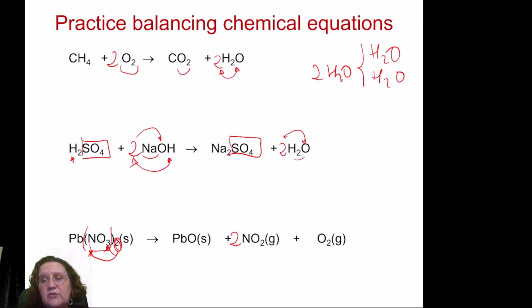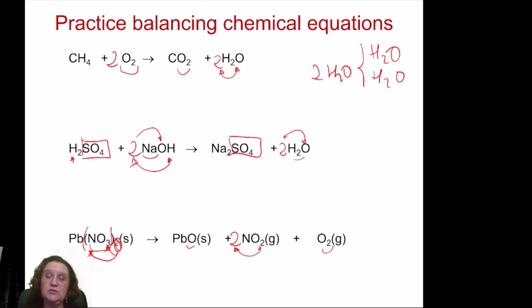And then I look at the right-hand side, and I just count how many oxygens I have. So I've got 1 here, I've got 4 here, and I've got 2 here. That gives me 7 oxygens, which is inconvenient because I'm only expected to have 6.